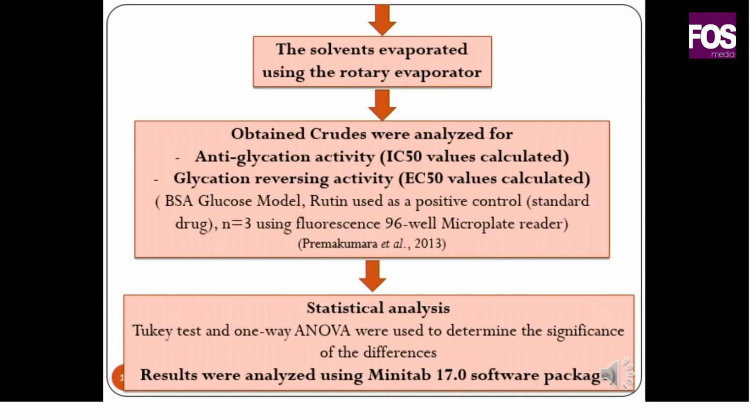Excess solvent was evaporated using a rotary evaporator, and crudes were subjected to determine the anti-glycation and glycation reversing activity using the bovine serum albumin glucose model. Here rutin was used as a positive control, and the fluorescence was measured using a 96 well fluorescence microplate reader. Data were statistically analyzed using Minitab 17 software.